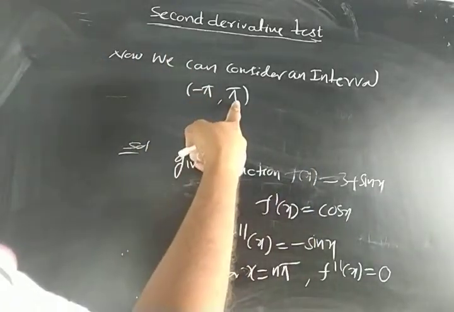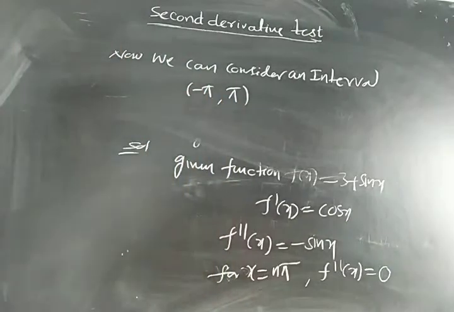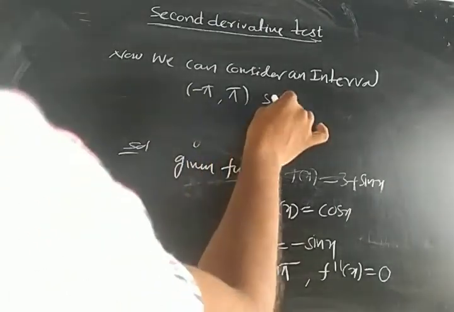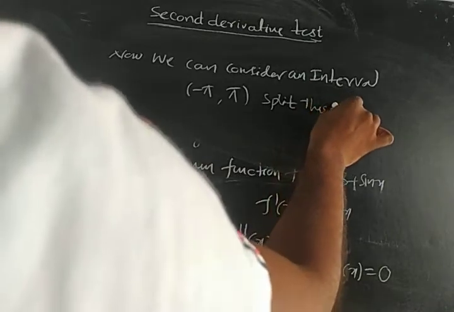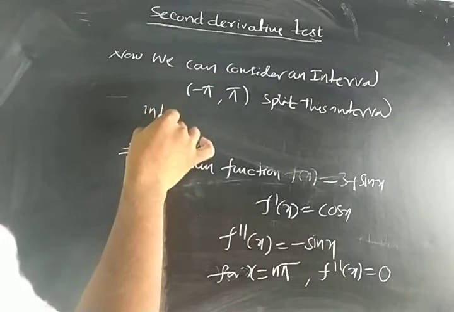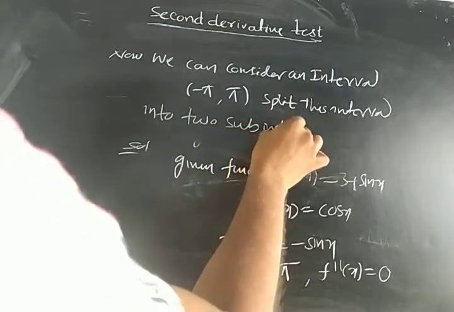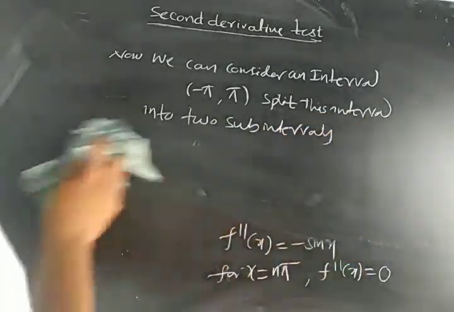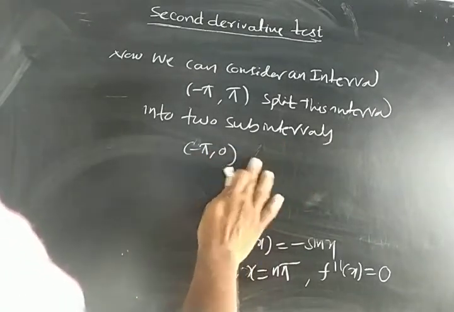Now split this interval into two subintervals, minus pi to 0 and 0 to pi.